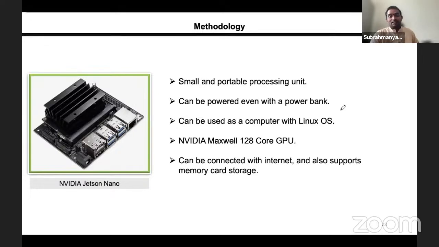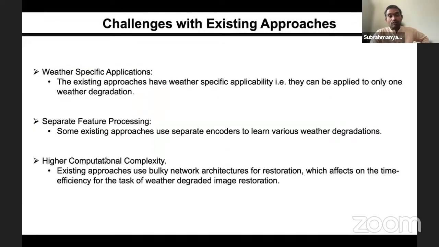The NVIDIA Maxwell 128 core GPU is there, it can be connected to the internet, and it supports memory card storage. We have used a 32 GB memory card here, and it has USB ports, power supply, and so many things. So this is a really good Jetson Nano, and we are able to deploy our model on this.